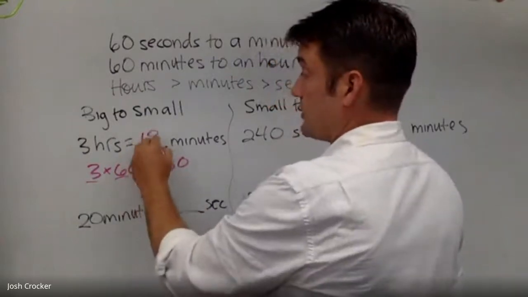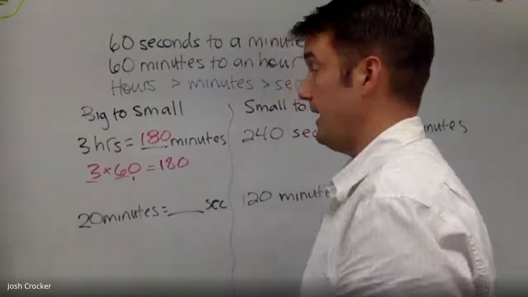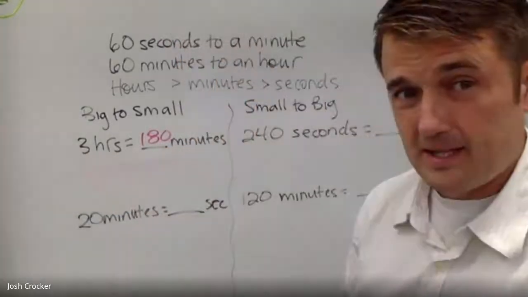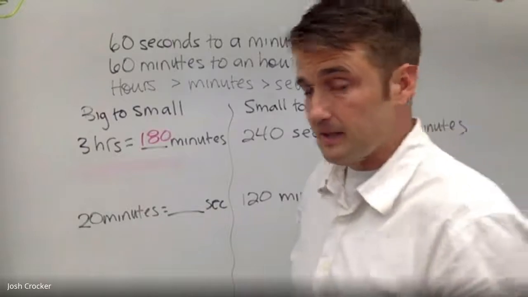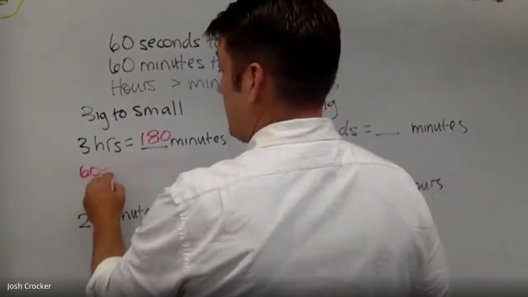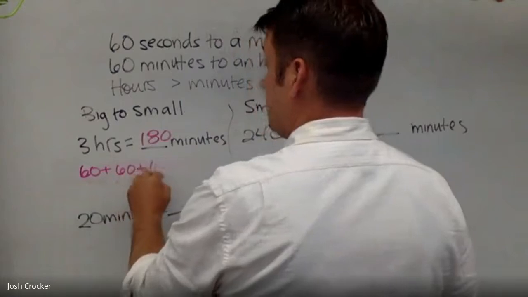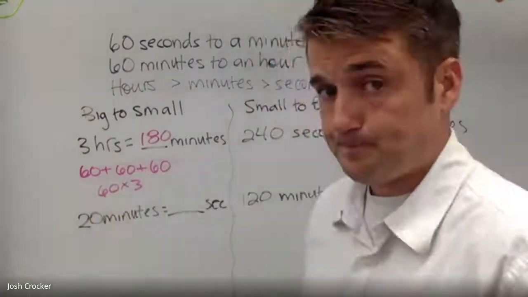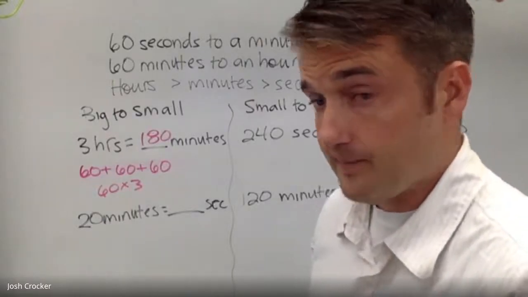So 3 hours would be 180 minutes. That makes sense, because I know an hour is 60 minutes, so this is really the same as 60 plus 60 plus 60, or 60 times 3. It's not that hard.